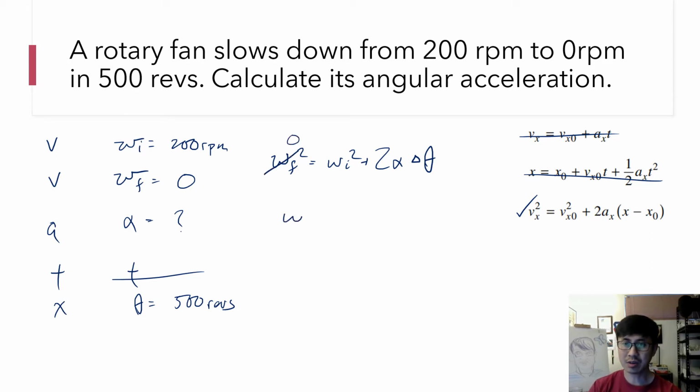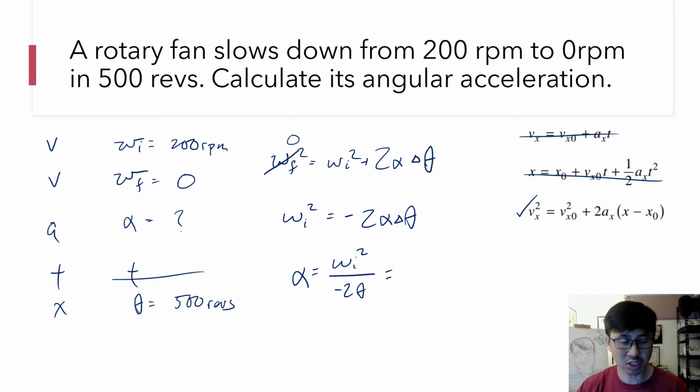That means omega initial squared is equal to negative 2 alpha change in displacement, right? That means that my alpha is equal to omega squared divided by negative 2 times theta.